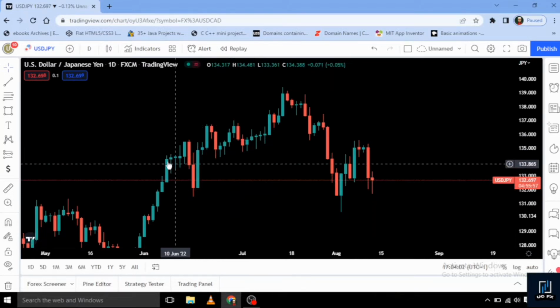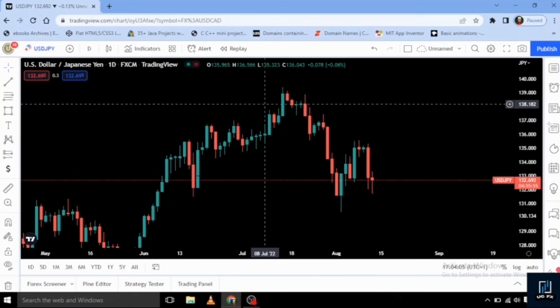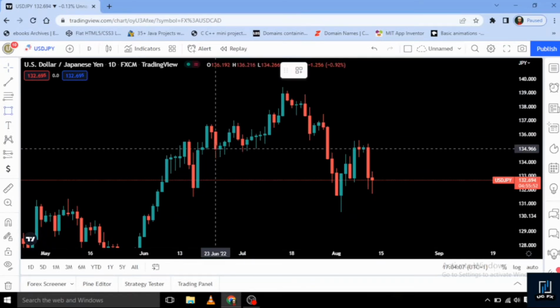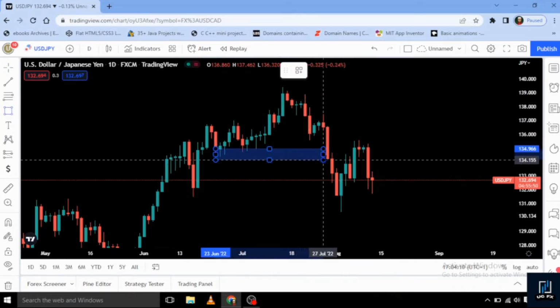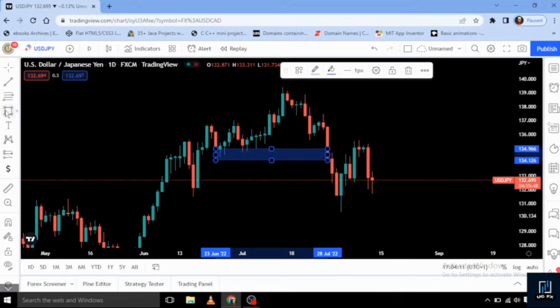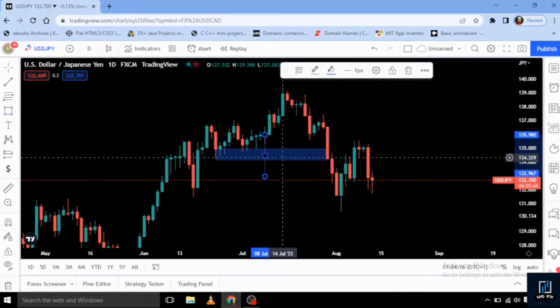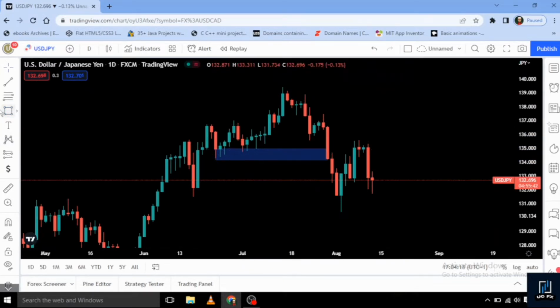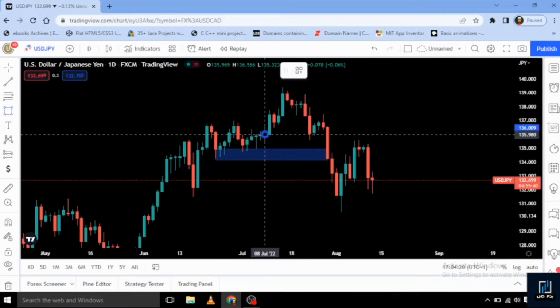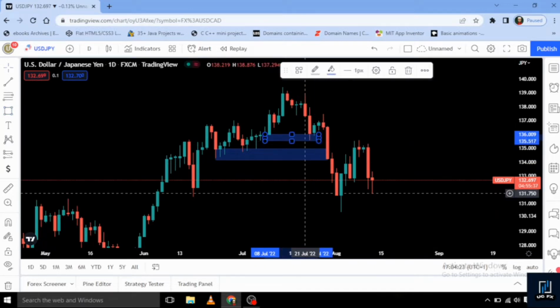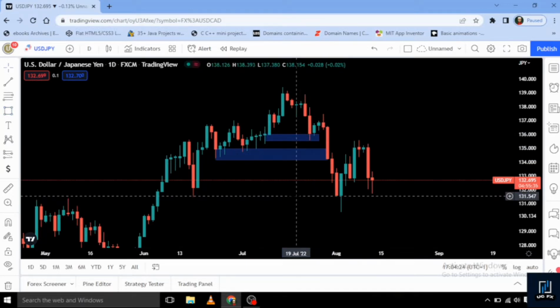So here we have a series of highs being taken out, and we have a kind of support. Then we have here as well a kind of support. All these areas are levels of inducement, looking from a buyer's perspective or a less informed trader's perspective.